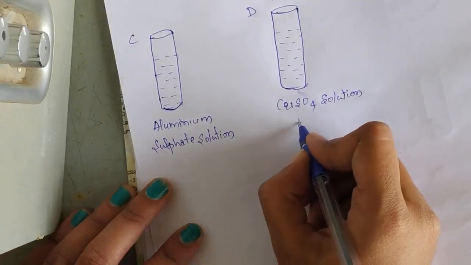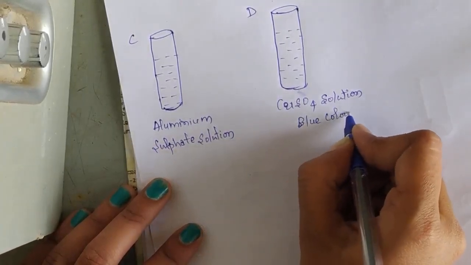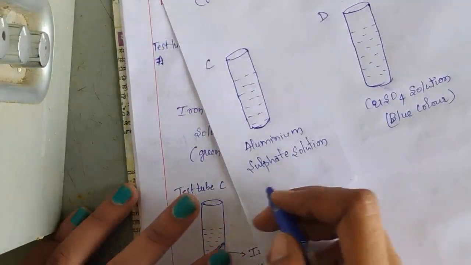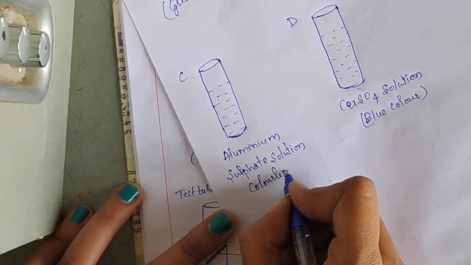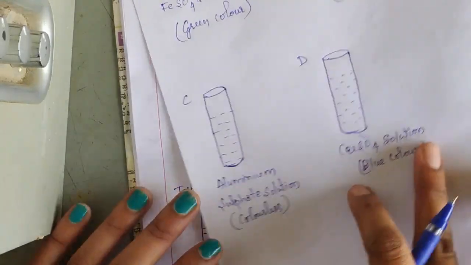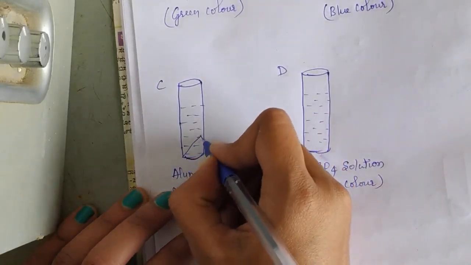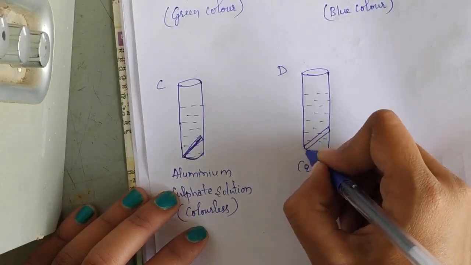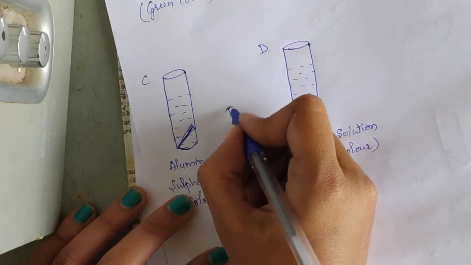Its color is blue, and the aluminum sulfate is colorless. Now in both the test tubes, we will place an iron rod.